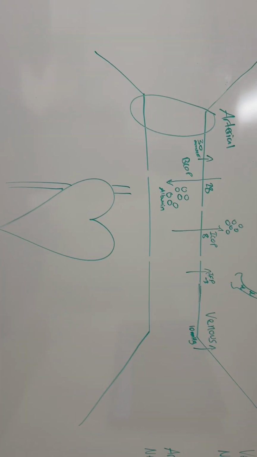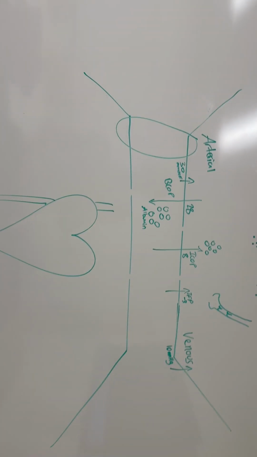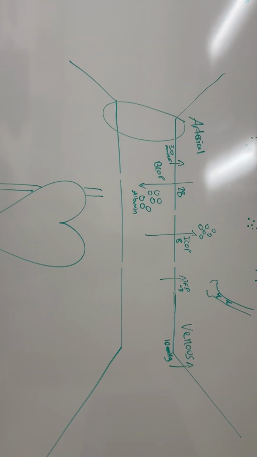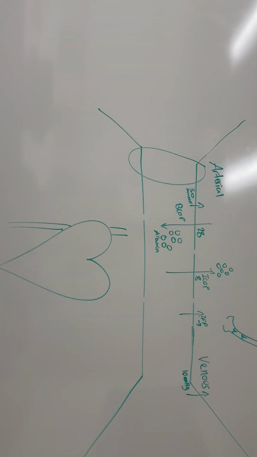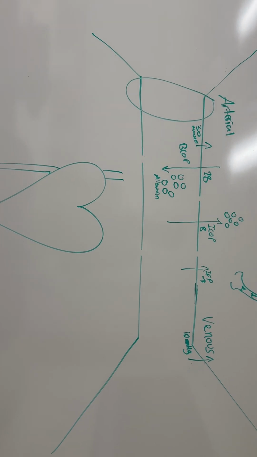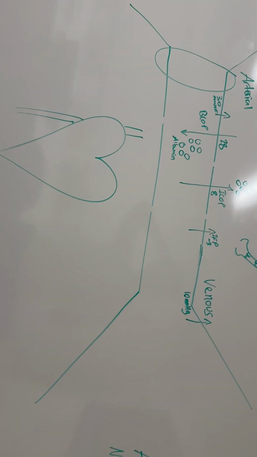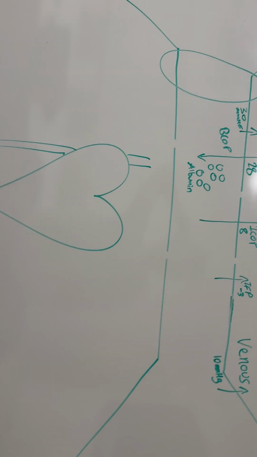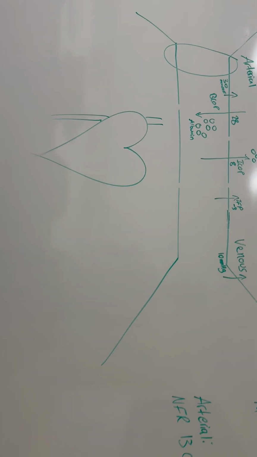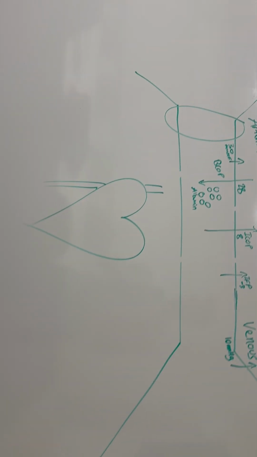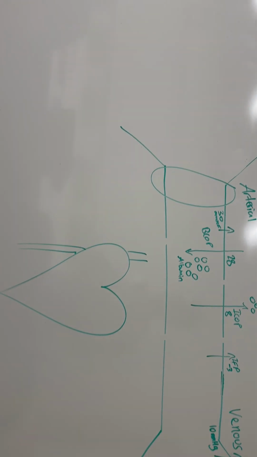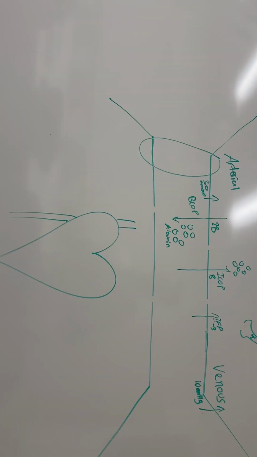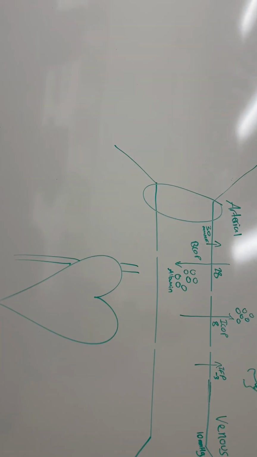Another example of edema would be left-sided heart failure. So the right side of the heart pumps blood into the lungs. The pulmonary vein brings blood into the left atrium of the heart, which then dumps blood into the left ventricle where it's pumped to the rest of the body. But if we have left-sided heart failure, say we've had a heart attack and we're not pumping blood effectively out of that left ventricle anymore, we're going to have a backup of blood into the lungs.